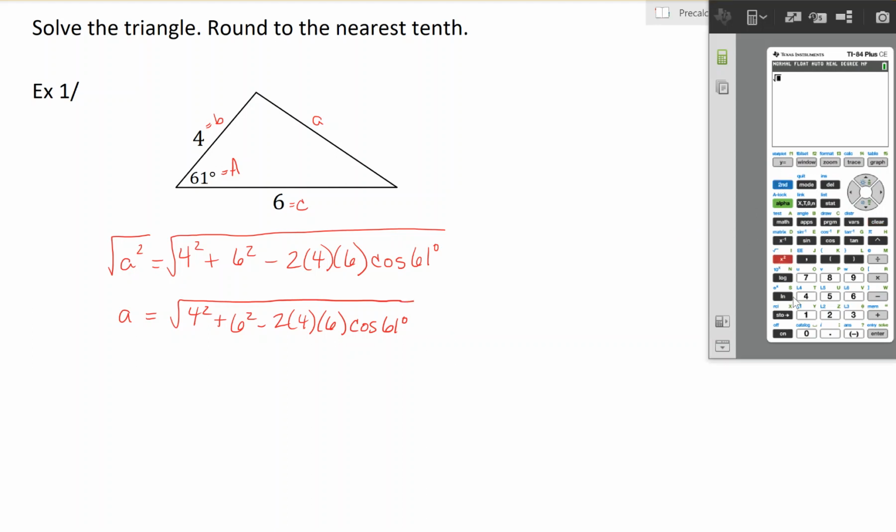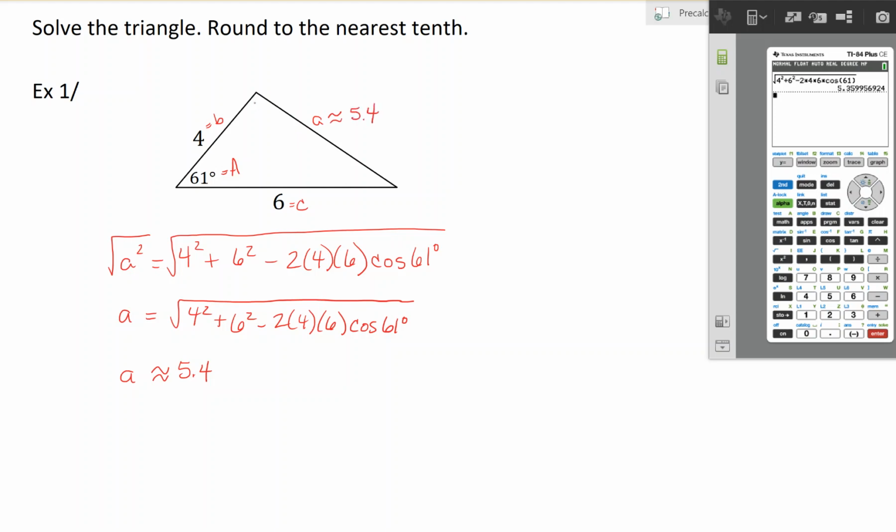So I have the square root there, 4 squared plus 6 squared minus 2 times 4 times 6 times the cosine of 61 degrees. And entering that, I get an A of about 5.4. Okay, so A is about 5.4.